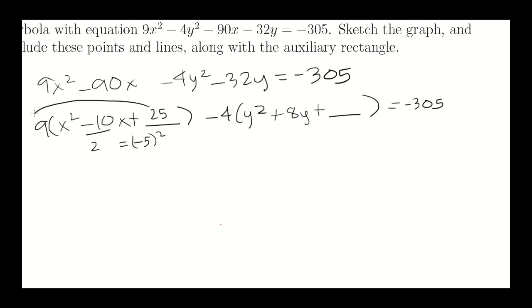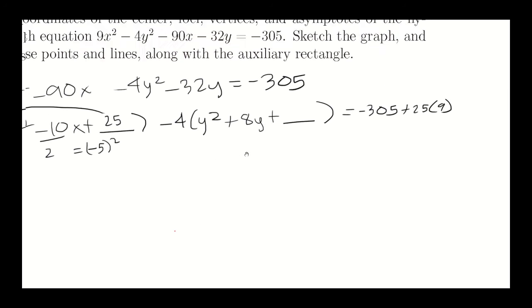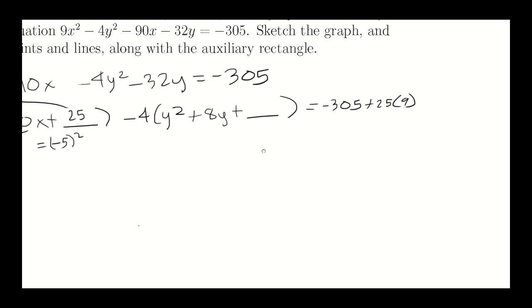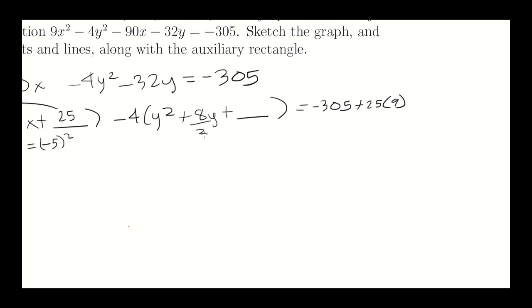So we have here plus 25 times 9. Okay, so on the other side, we divide 8 by 2 is equal to 4, then we square it equals 16, then we multiply it there, so plus 16 times negative 4.